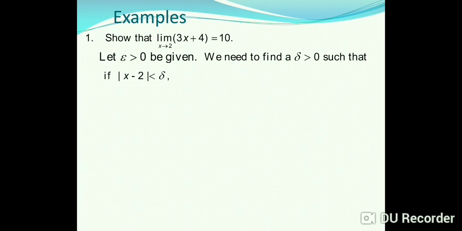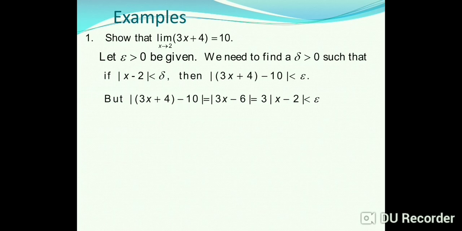First example is: show that the limit of 3x plus 4 as x tends to 2 is equal to 10. Solution of that example is as follows. Let epsilon greater than 0 be a given number. We need to find a delta greater than 0 such that if mod of x minus 2 is less than delta, then mod of 3x plus 4 minus 10 is less than epsilon.